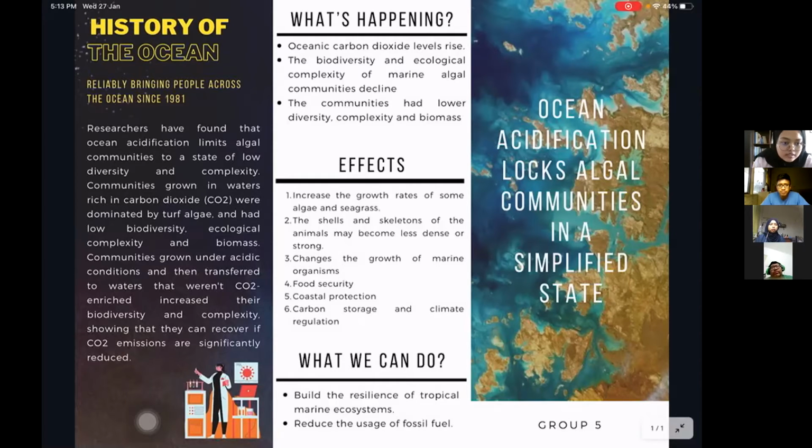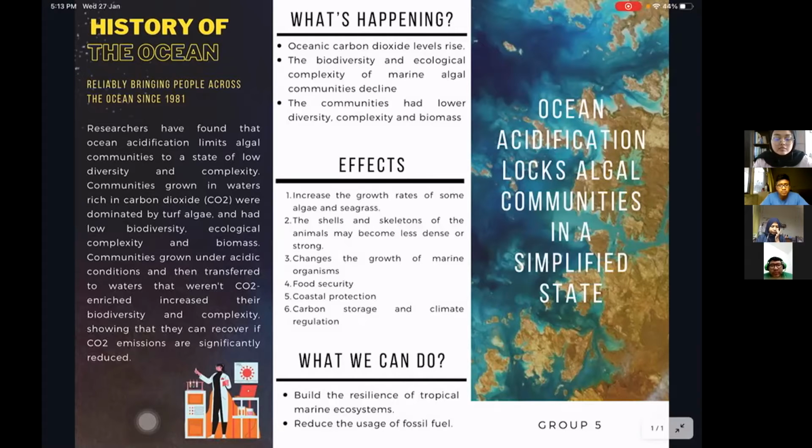The second one is that the shells and skeletons of animals may become less dense or strong. As you know, the more acidic environment will harm other marine species such as mollusks, corals, and some varieties of plankton. In the case of coral reefs, this may make them more vulnerable to storm damage and slow the recovery rate.